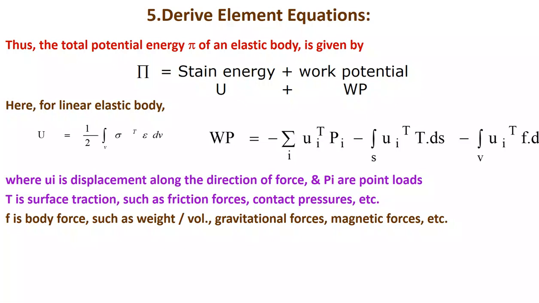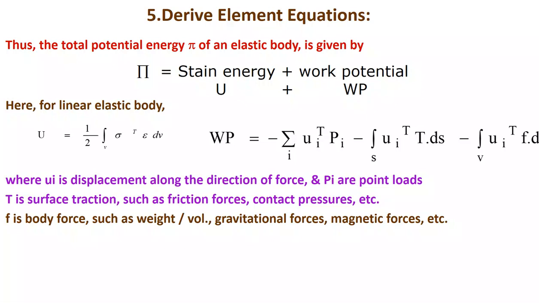The total potential energy equals the strain energy as stored energy plus the work potential, that is, how much work will be carried out. The strain energy is the integral of stress transpose strain dV.